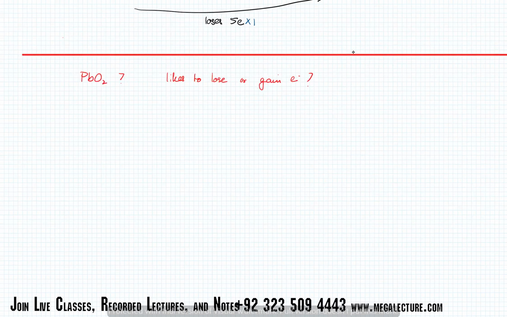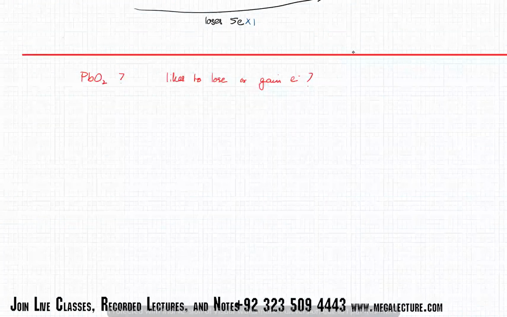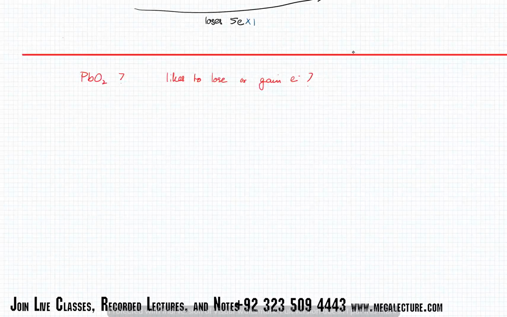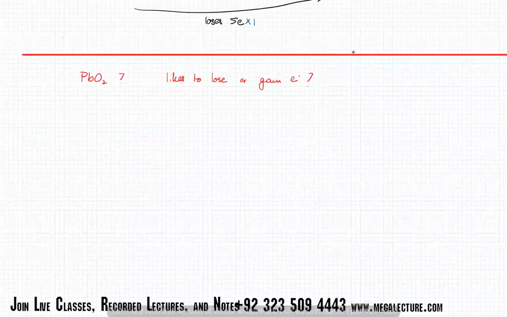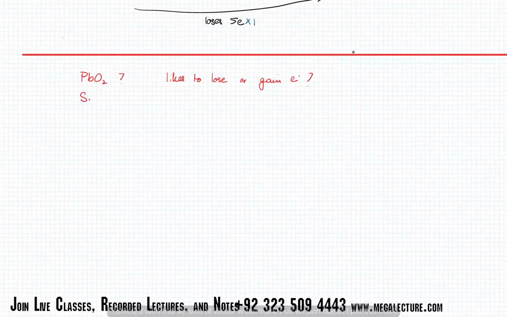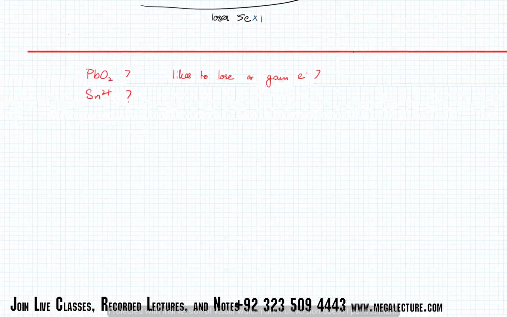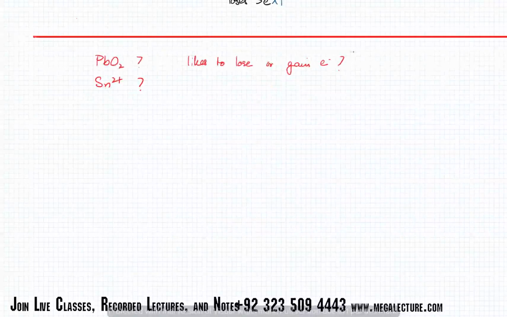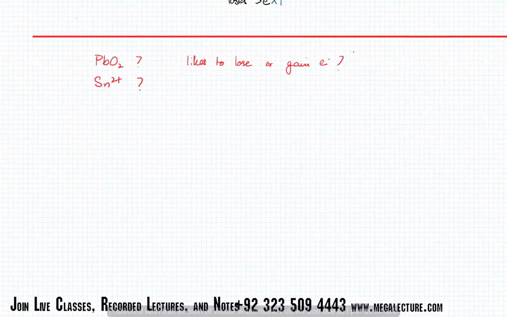We don't even know, if it likes to lose electrons, how strongly does it like to lose electrons? We don't have both pieces of information. If I give you Sn2+, no idea whether it wants to gain or lose electrons. There are very few elements about which you might have some idea.